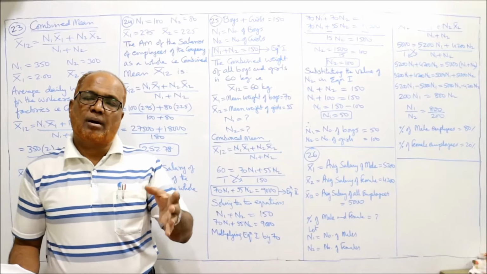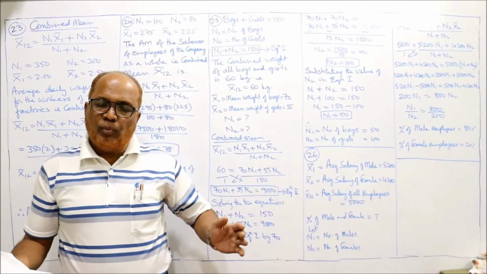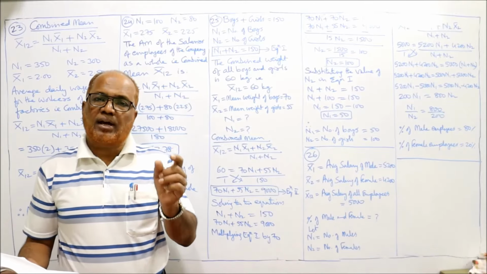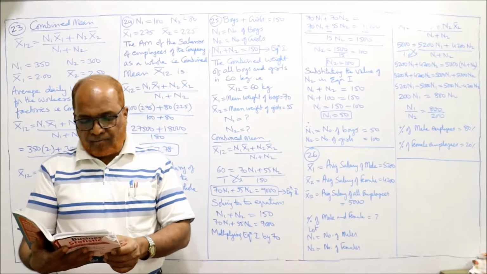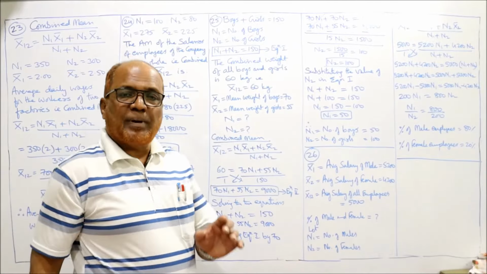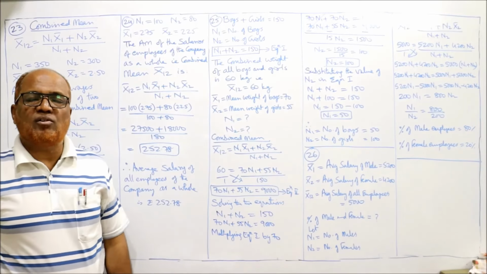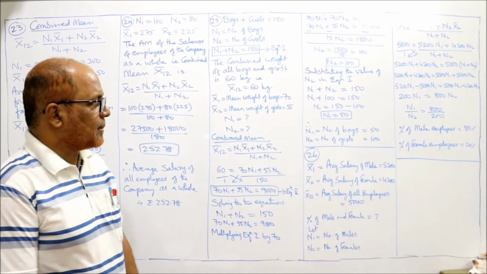All employees means combined, male employees as well as female. तो पूरों को मिलाकर अगर average salary मालूम करेंगे, combined mean मालूम करेंगे तो it is given in the problem 5,000. Find out percentage of male and female employees. What is the percentage of male and what is the percentage of female employees in the whole organization? That's what we have to calculate.